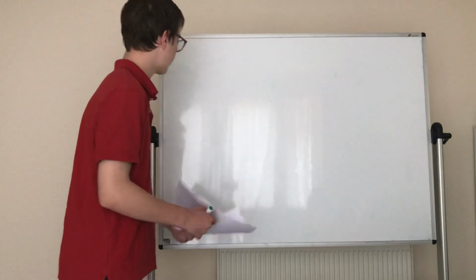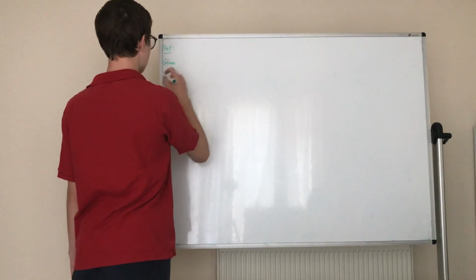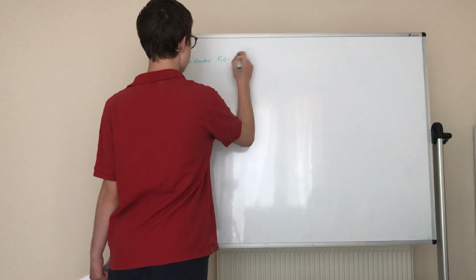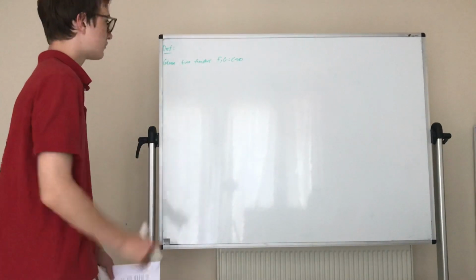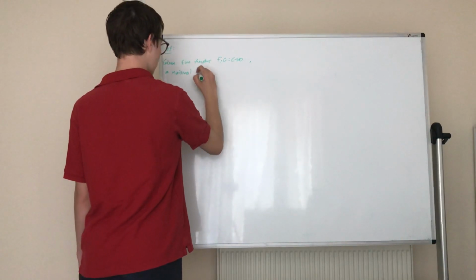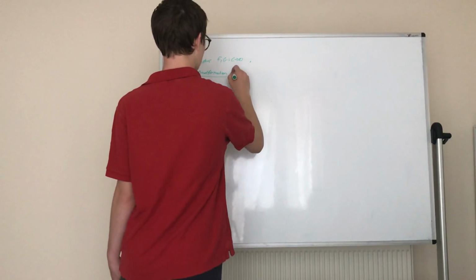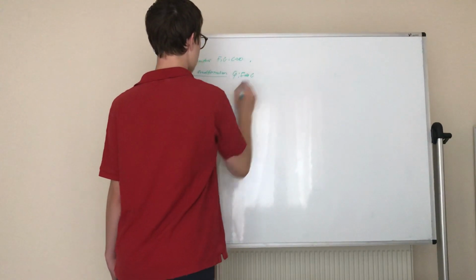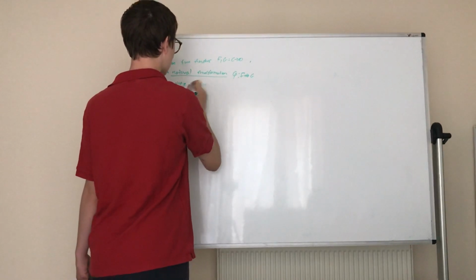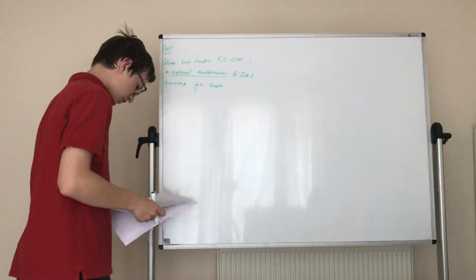Alright, so what are they? Definition. Given two functors F and G between C and D, a natural transformation, we'll call it phi, between F and G consists of morphisms, I should say morphisms, shouldn't I?